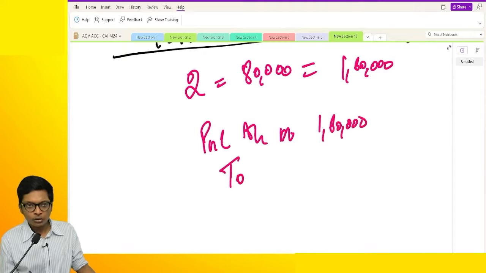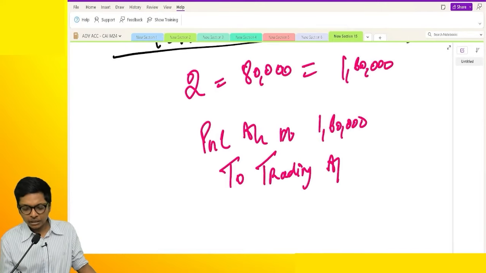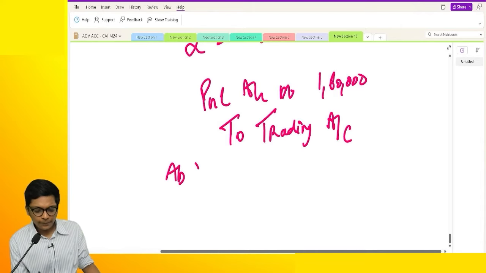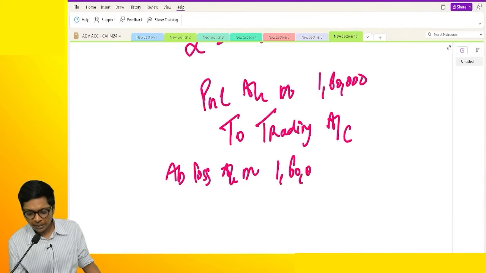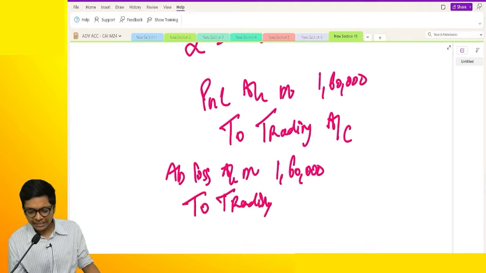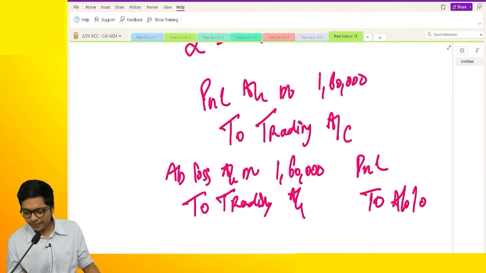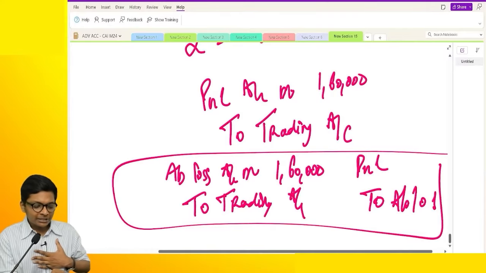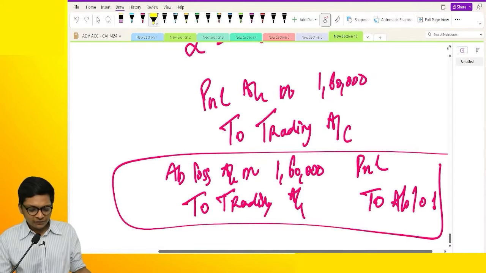1,60,000 to trading account, or in other words, abnormal loss account debit 1,60,000 to trading account 1,60,000, then P&L to abnormal loss. This is the entry for abnormal loss. I don't know if you studied in school, but abnormal loss we credit in trading.